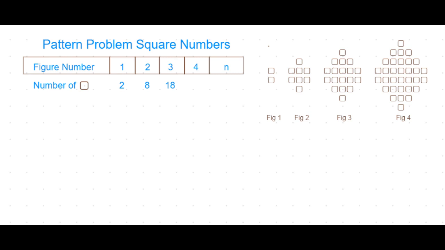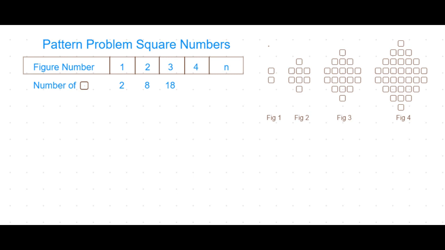So that's again not a constant increase. The increase itself is increasing. Again, even if it is not directly a square number, we can see how we can relate it to a square number.